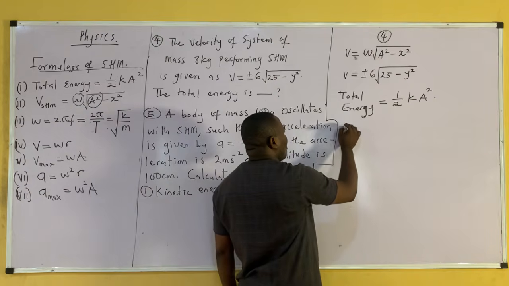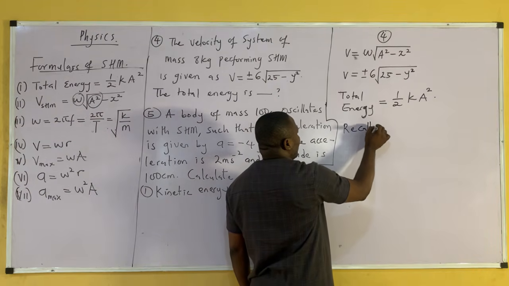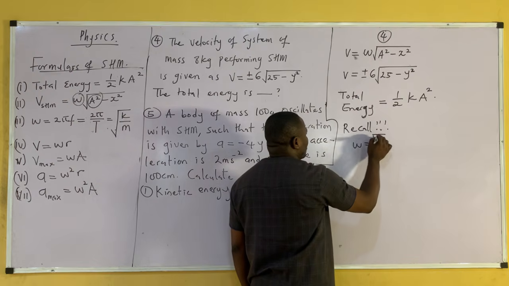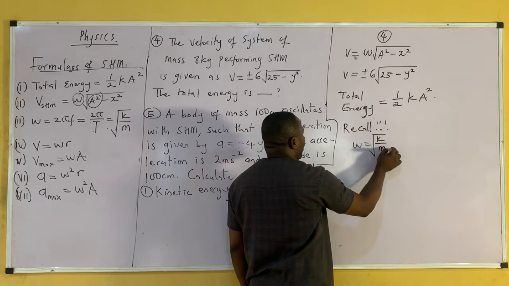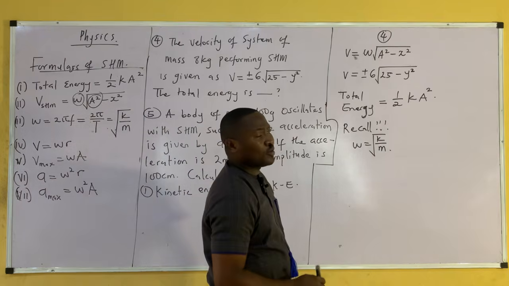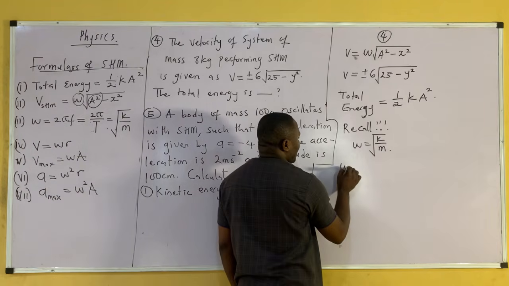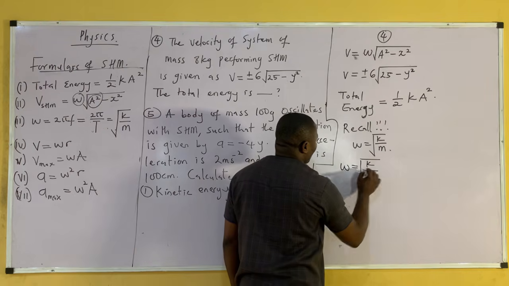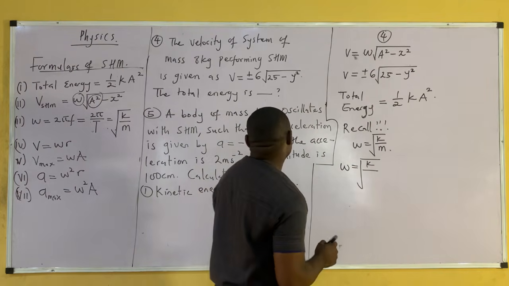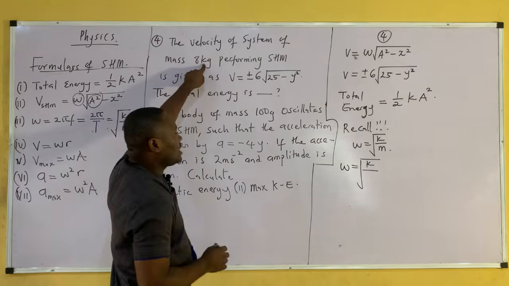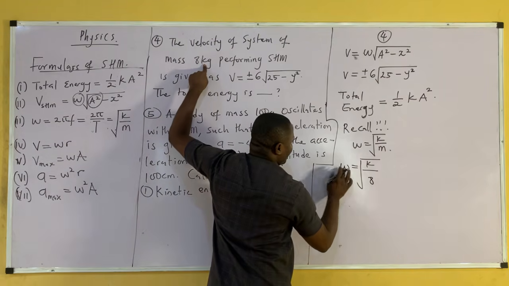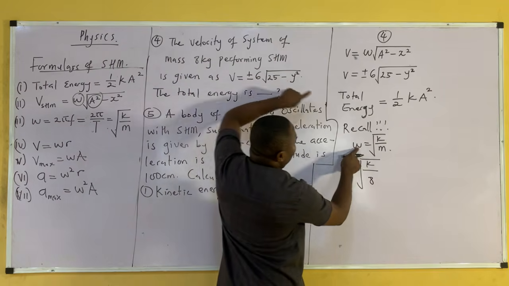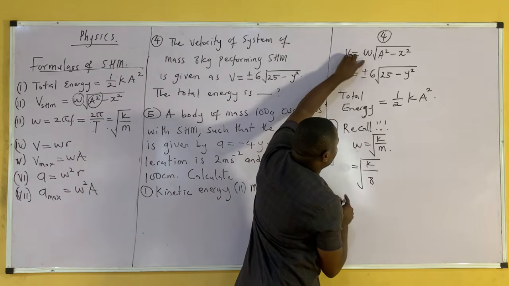Now recall, what do I want you to recall? I want you to recall that W equals square root of K over M. Remember this formula, very important. So my angular frequency is equal to square root of K over, what is my mass? My mass in the question is 8 kg. So over 8. What is my angular frequency? My angular frequency can be traced from here, which is 6.